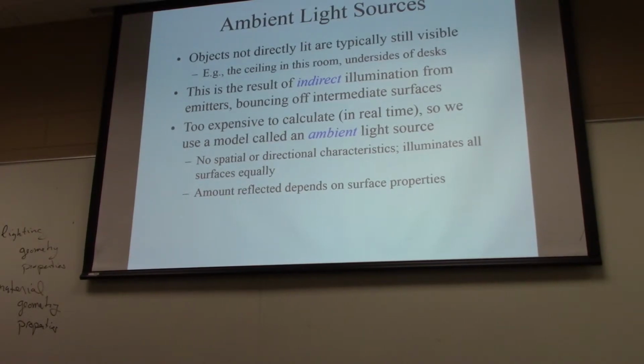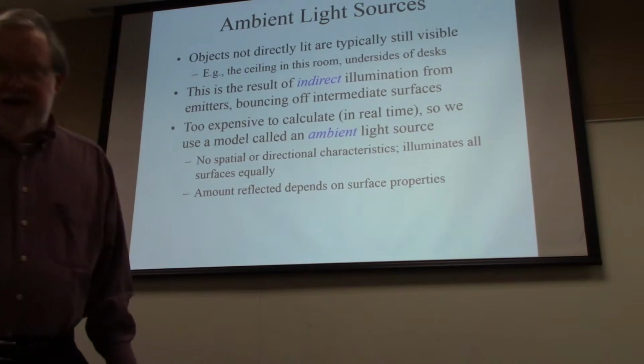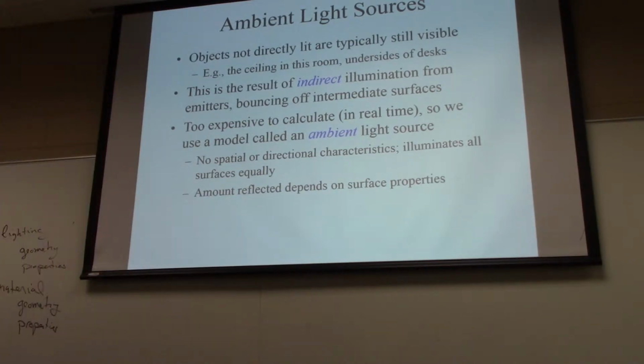And my analogy is the light you see on a foggy day when you can't see the sun. That would be ambient light. Most of the light in here, well, it depends what you're looking at. But you can kind of pretend it's ambient. But if you really look carefully, I can see the reflection of the lights coming off of the table there, so that would not be a result of ambient light.